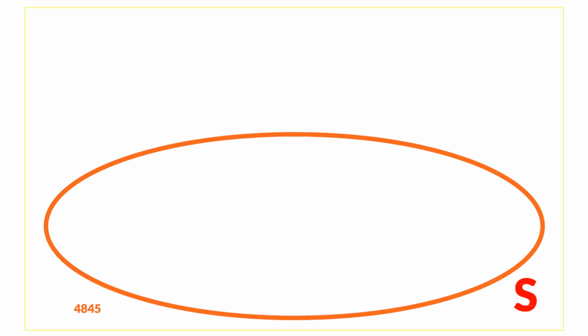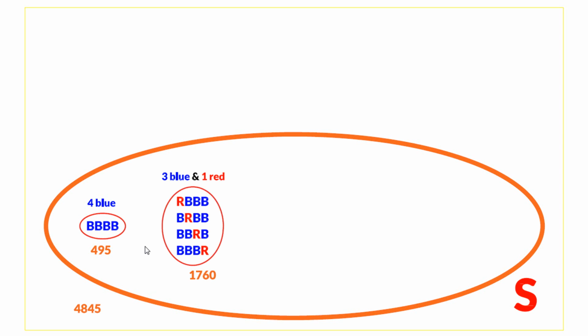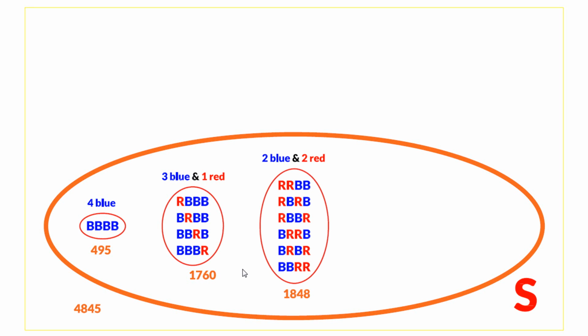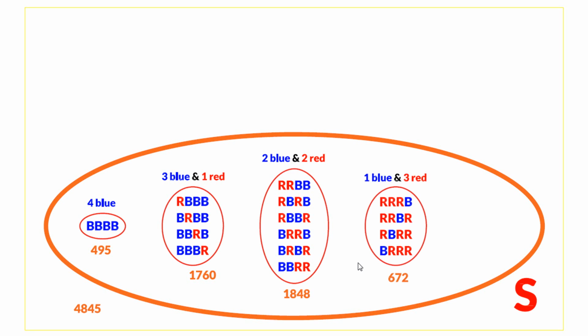So now let's place these events with their possible outcomes in the sample space. So the first event, 4 blue with 495 possible outcomes, and the second event is 3 blue and 1 red with 1760 possible outcomes, and this event, 2 blue and 2 red with 1848 outcomes, 1 blue and 3 red 672, 4 red 70 possible outcomes.